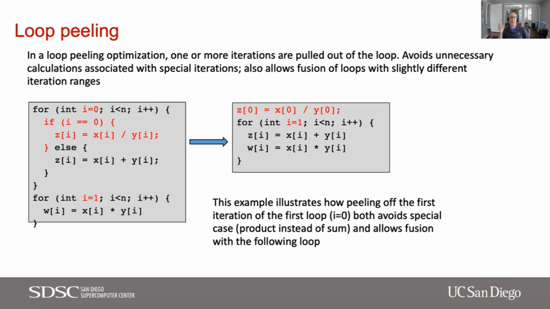So this was a classic example of loop peeling followed by fusion. But even if you don't have those two loops to fuse, just taking that special case and pulling it outside so that you don't have to do that logical test each time is going to give you a big speedup.